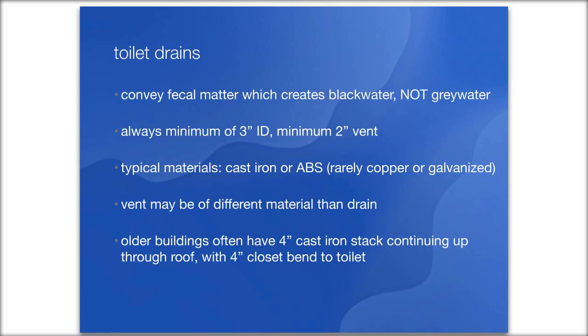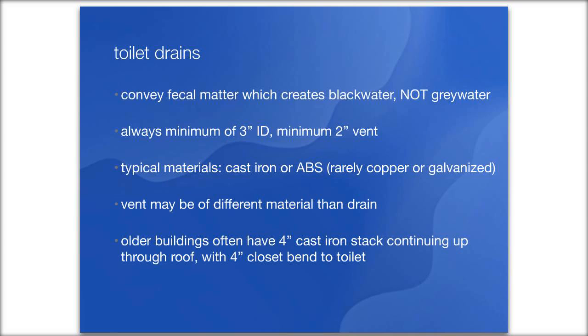So, toilet drains. Toilet drains convey fecal matter, and that, by definition, makes the water in them black water, not gray water. Toilet drains will always be a minimum of 3 inches ID, and so, as I said before, you will never typically be cutting a 3-inch line.